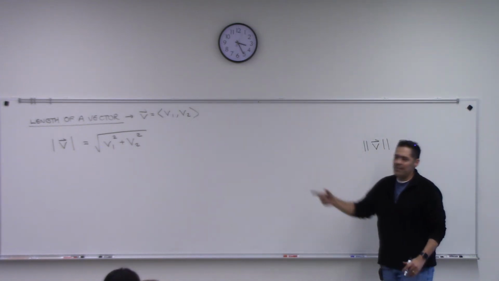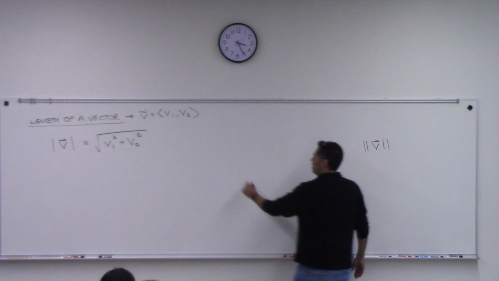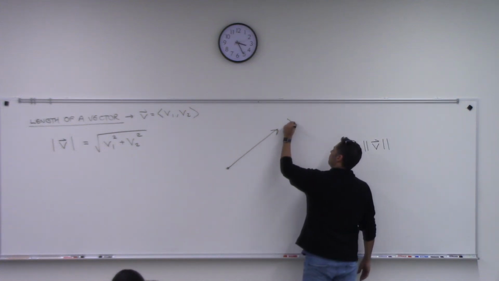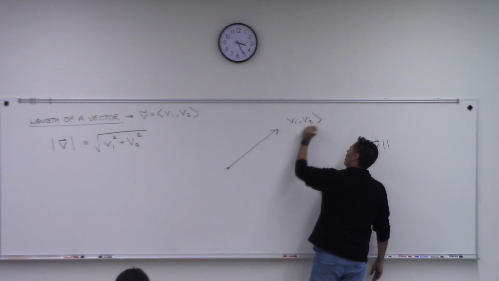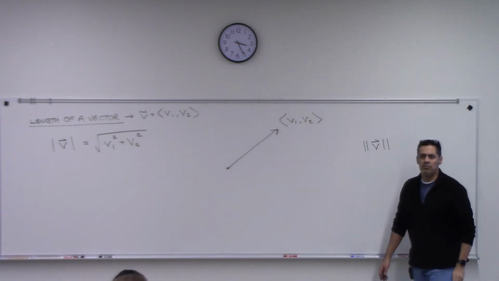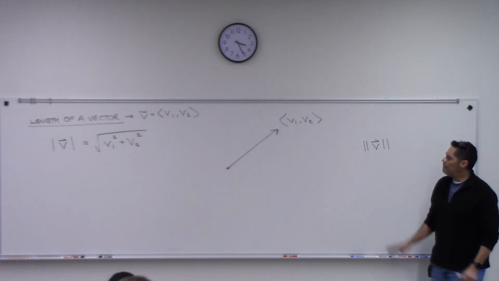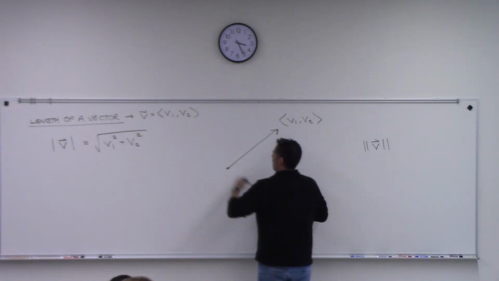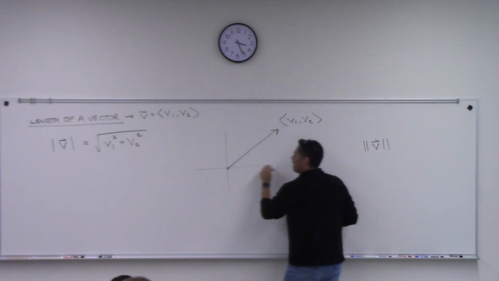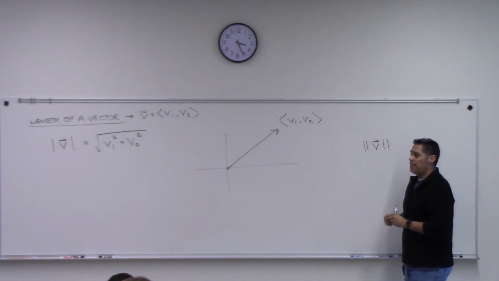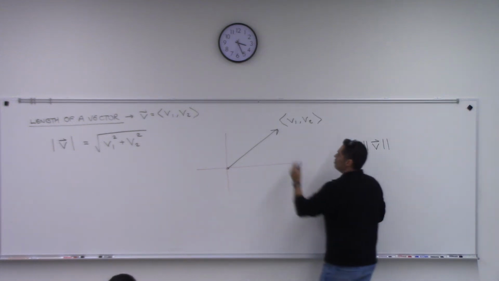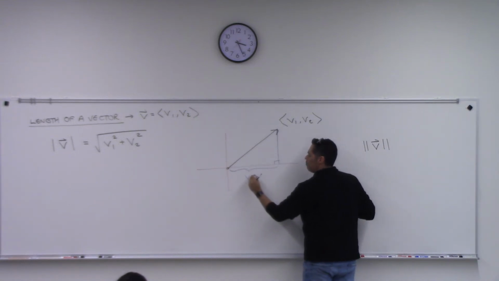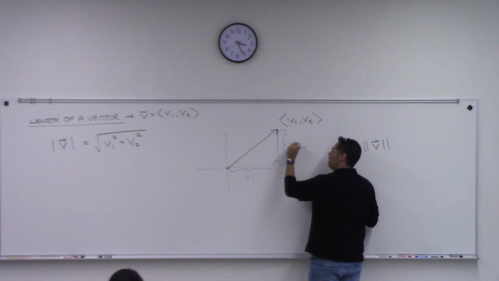Now, to see why it's that is pretty simple. If I take a vector v1, v2, right? There's my vector, v1, v2. I can move that vector anywhere I want, right? So if I slide it around and I put it at the origin, just like that, if that's like the x and y axis, then you could draw a right triangle. And then the distance from here to here would be v1. Distance from here to here would be v2.